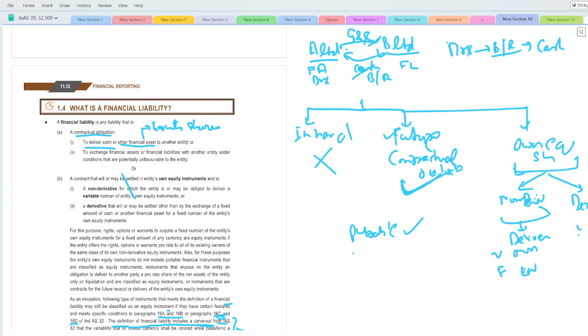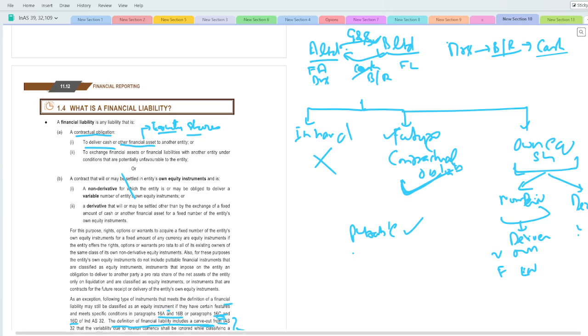But as per my understanding, ultimately you are getting the cash, so I will classify it under delivering the cash. That's why under other financial asset I am just taking the equity shares, which A Limited will be delivering. That comes under this category because there is a contractual obligation to deliver the equity shares. I hope this point is clear now.